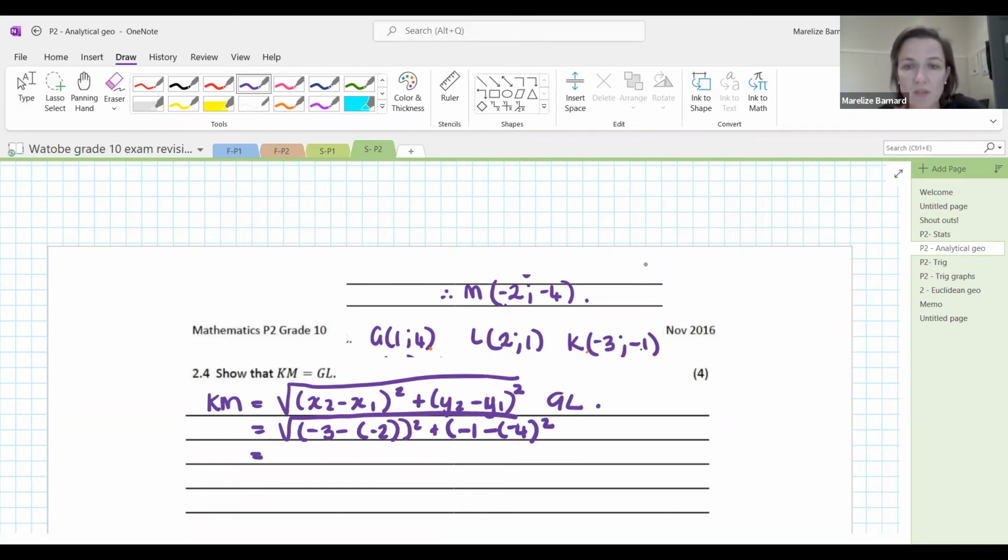So that should be your substitution. Then you just need your calculator to do Km. I'm waiting for someone to put it in the chat. What is the answer for Km? And also, what is the answer for GL?